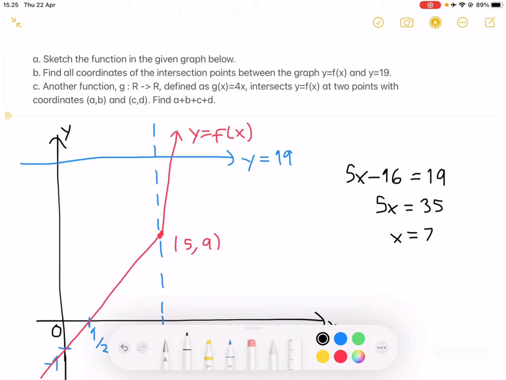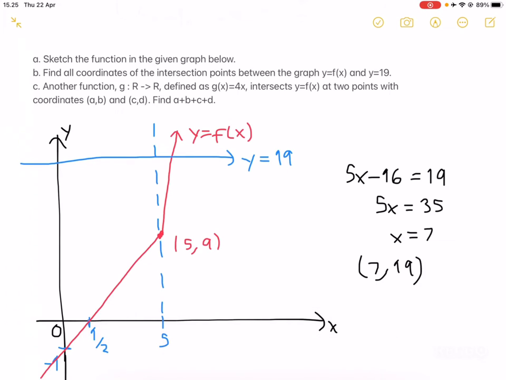And for the y coordinate, you can just notice that we are already given y equals 19 there. So the only coordinate of intersection here will be (7, 19). Alright, and that's it for part B.